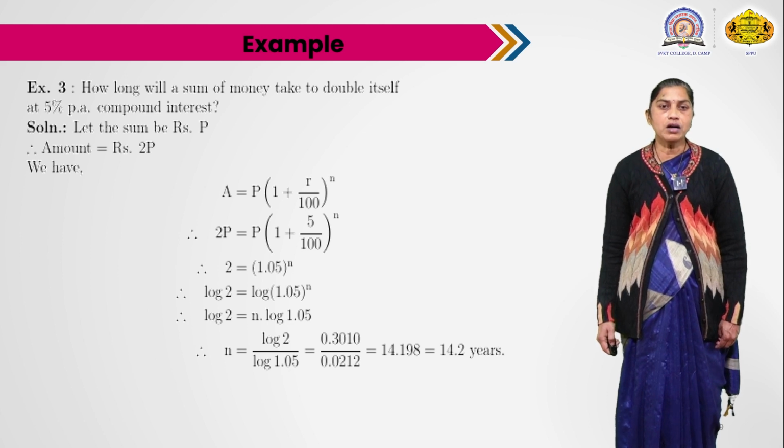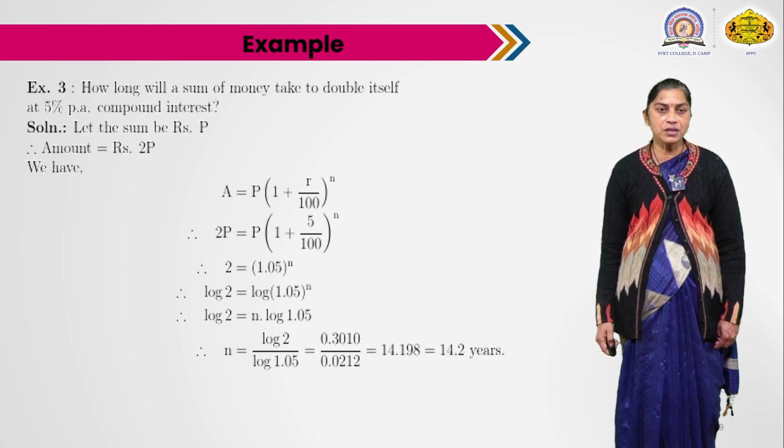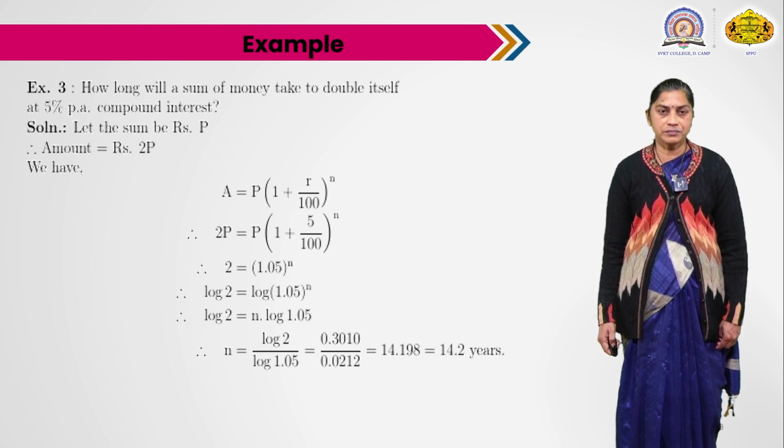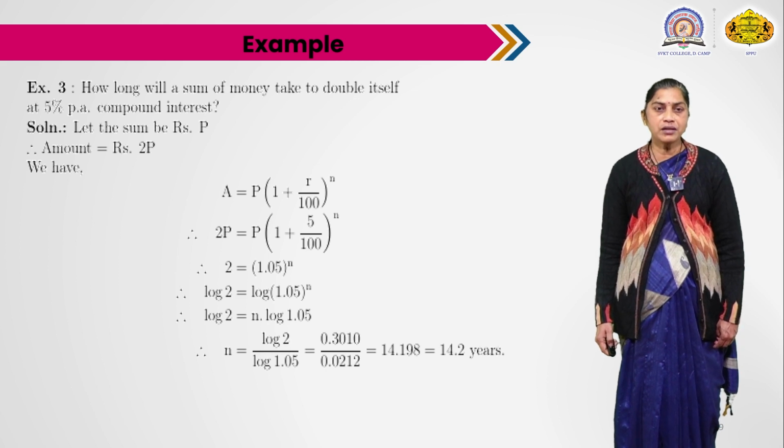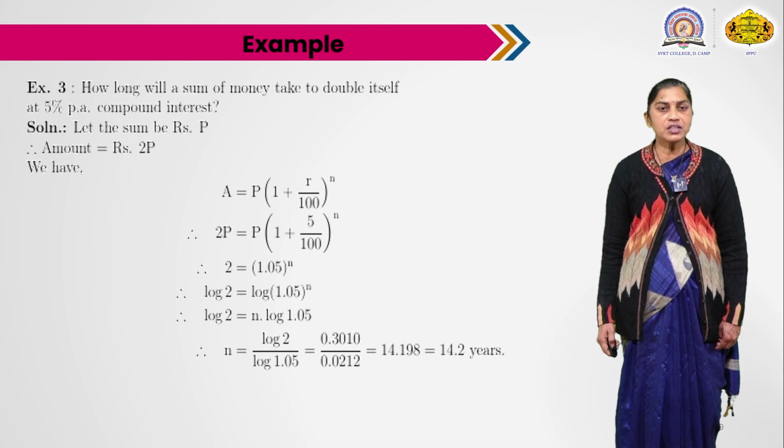How long will a sum of money take to double itself at 3% per annum compound interest? Now observe that sum is not given. It is given that the sum of money doubles itself.